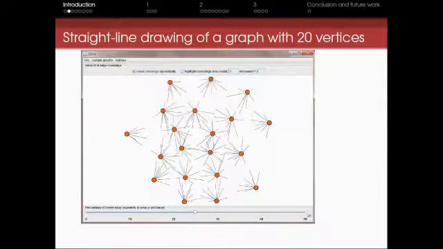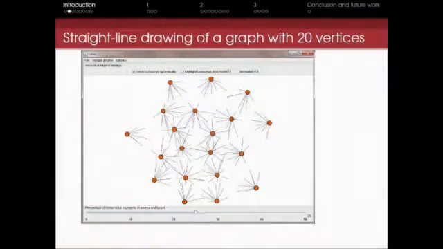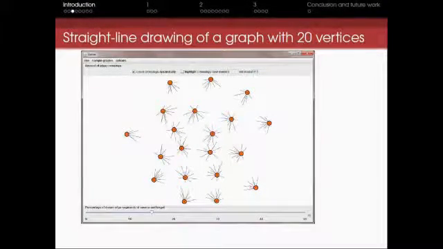So if we remove the middle half of every edge, we get a layout with only 23 crossings compared to the over 400 crossings before. We can even reduce the number of crossings to 0, and this is a layout showing that.